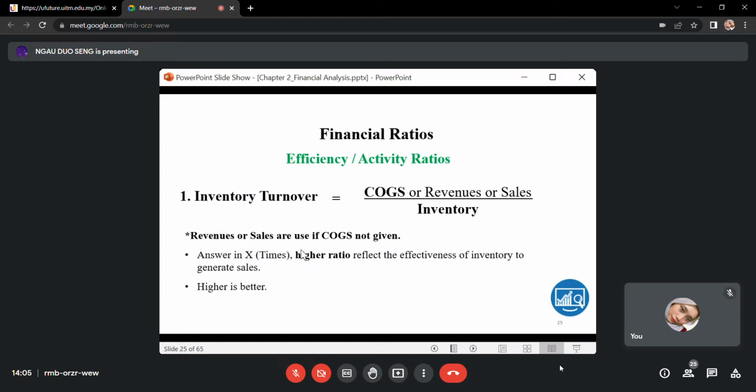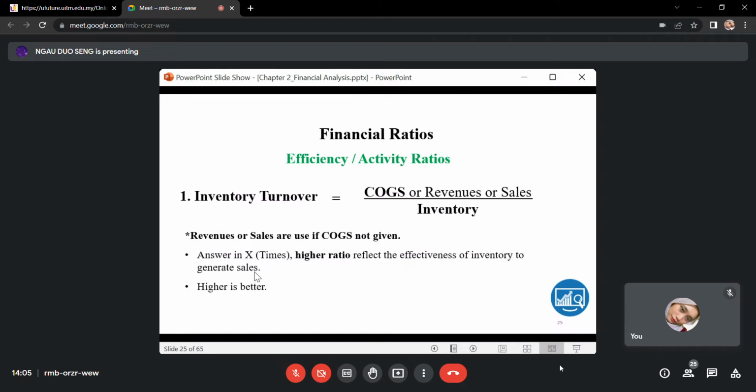We use sales or revenue only when COGS is not given in the question. If the question gives you cost of goods sold, then we need to use cost of goods sold, divided by inventory.